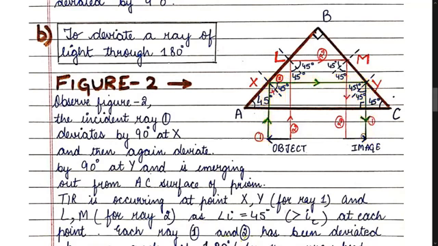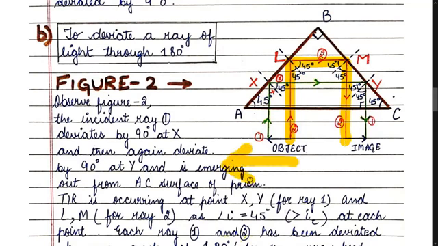Similarly, the ray 2 has been shown in the diagram, going from one surface to point L, getting totally internally reflected, and then again total internal reflection at point M is occurring. So what is happening?